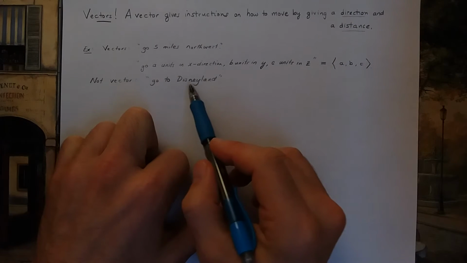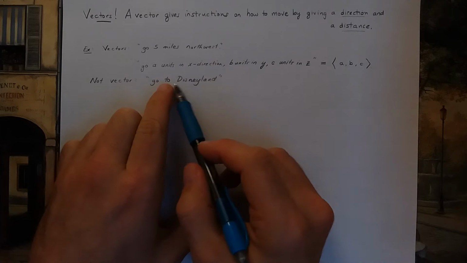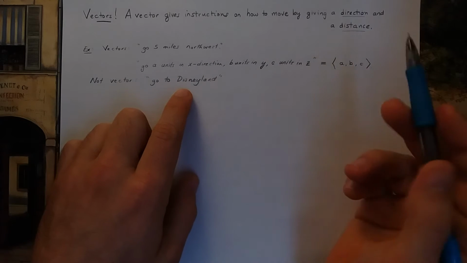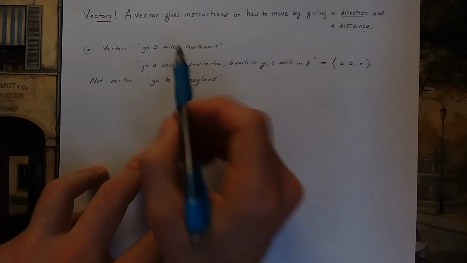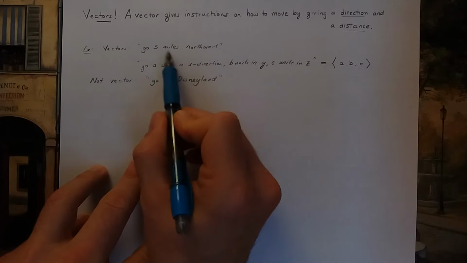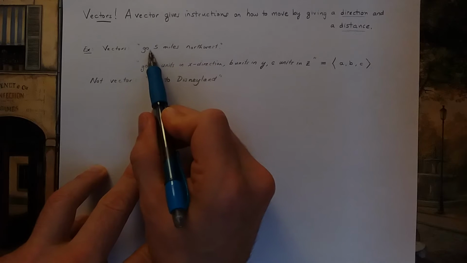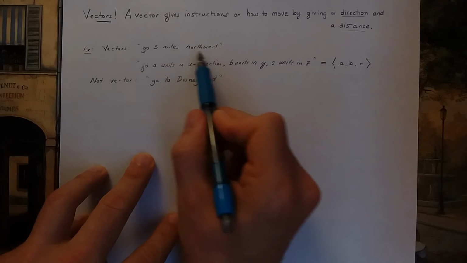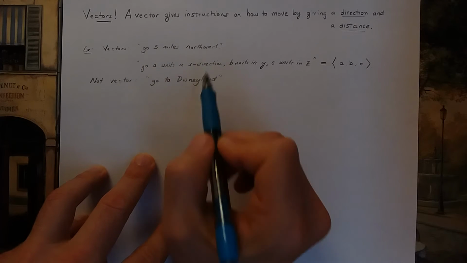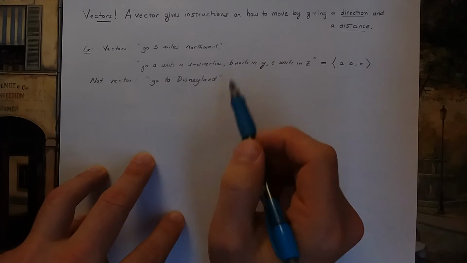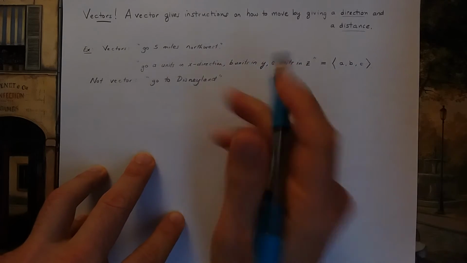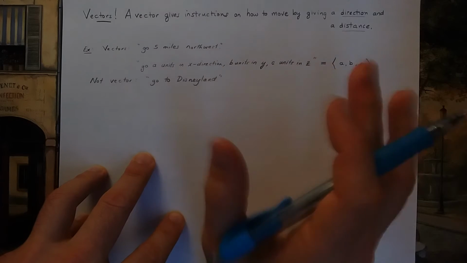This set of instructions depends on your current location. However, if I say go 5 miles northwest, that's instructions that are position independent. I don't care if you're in San Luis Obispo or San Diego, go 5 miles northwest gives you direction and distance. However, go to Disneyland depends on your current location. That doesn't count as a vector.